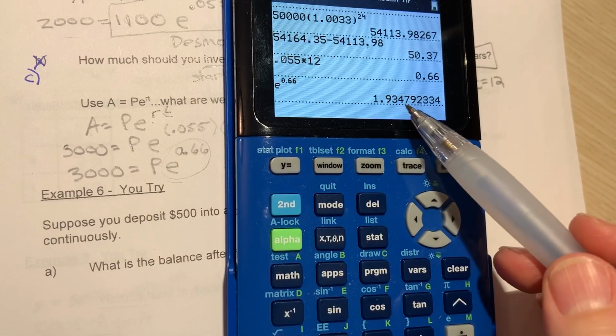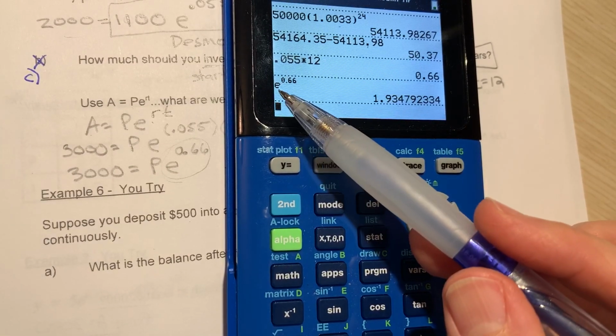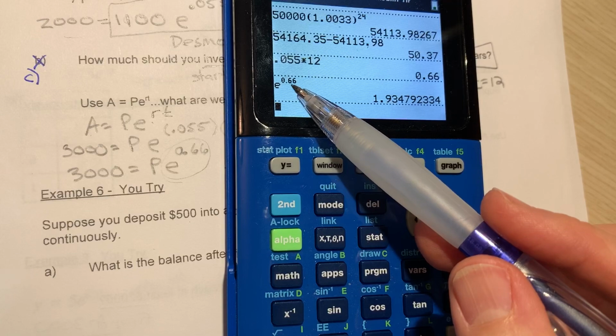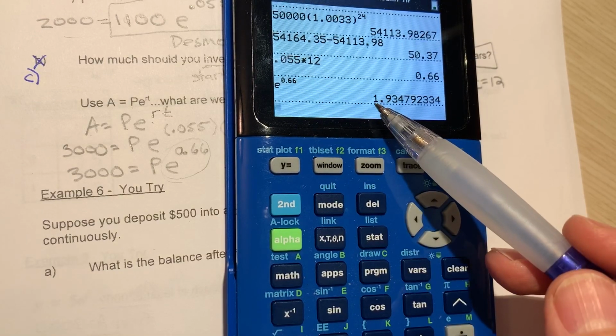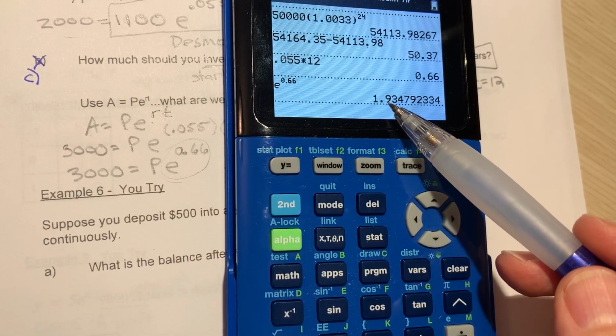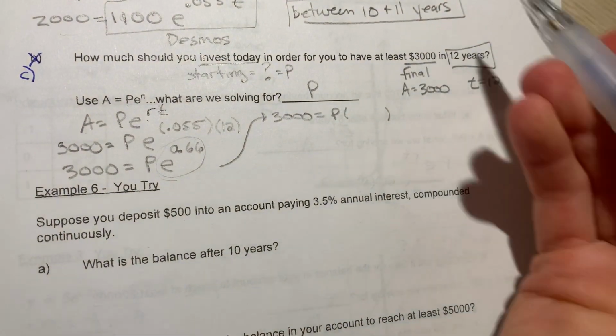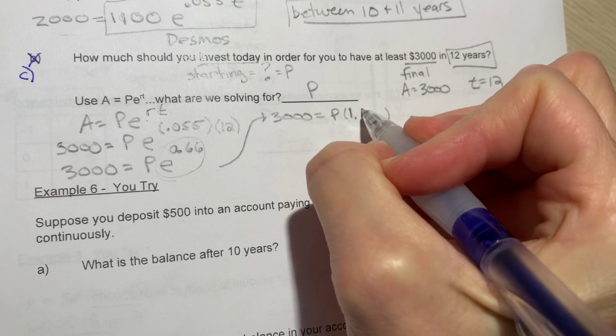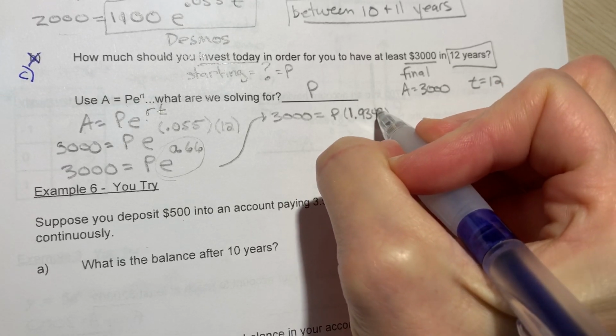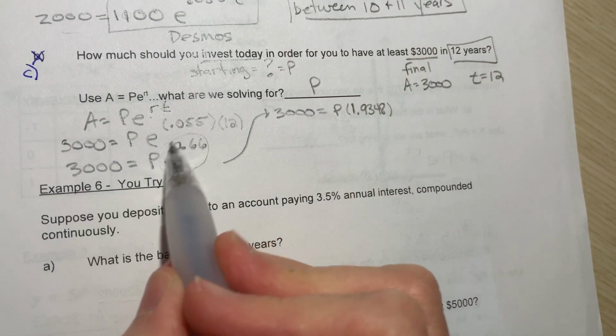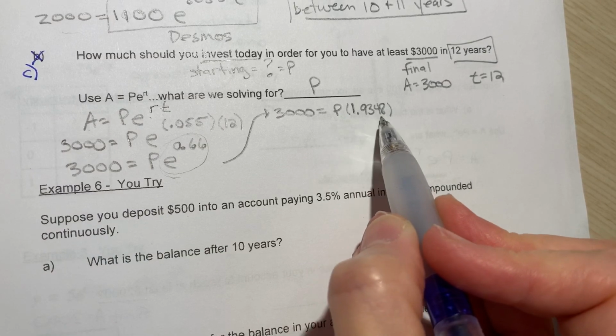So there we go. Remember, e is just a number. It's like 2.71. 2.71 to this exponent is going to be 1.9348, I'm going to say. So I just replaced this with that 1.9348.